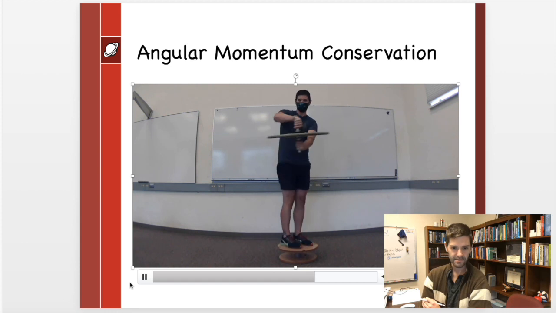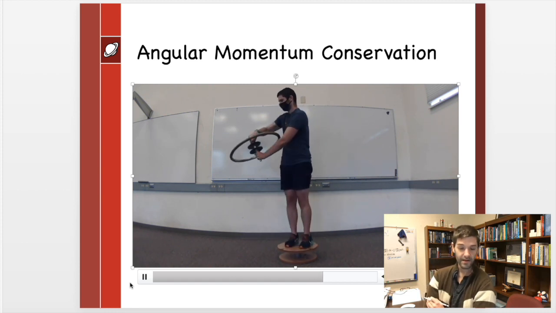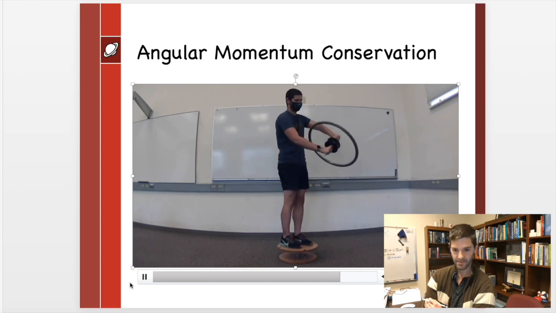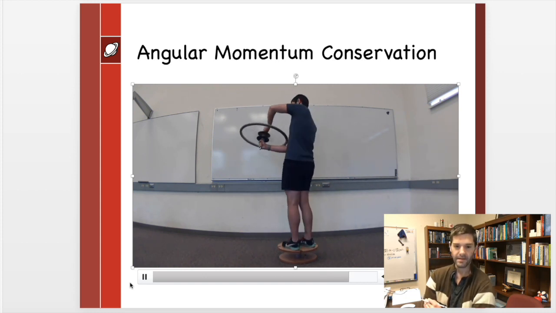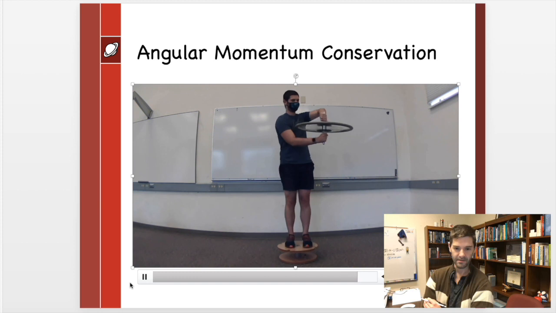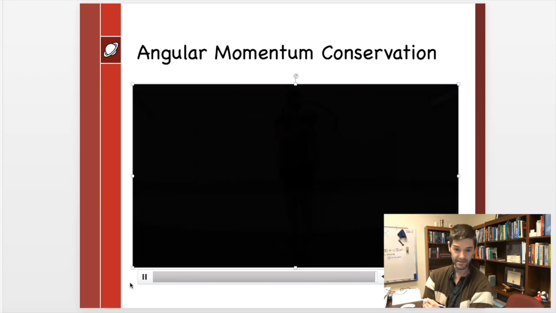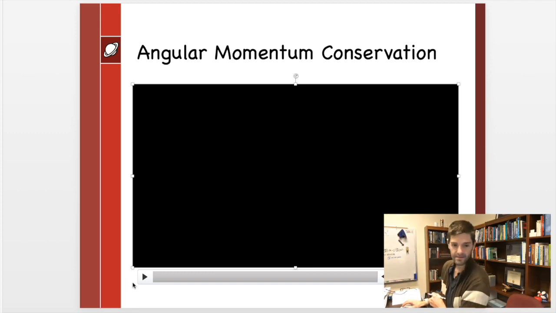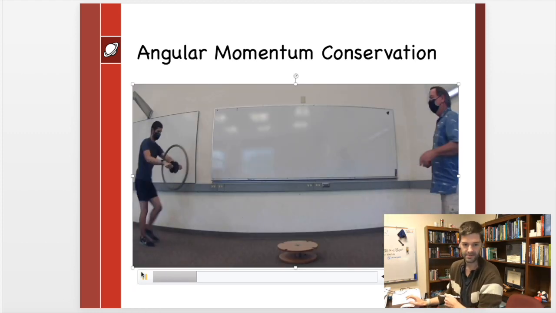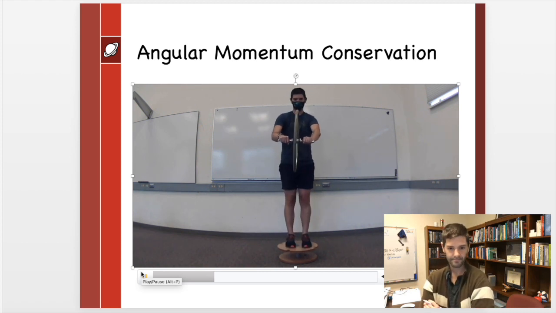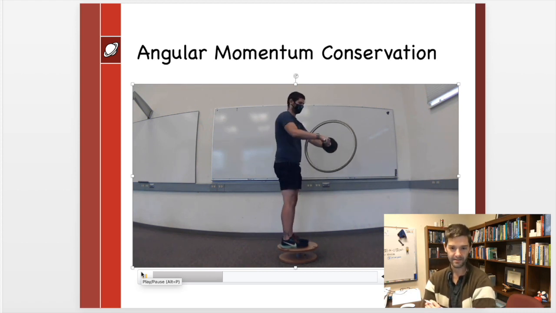As a result, I'm trying to change the angular momentum of the system, but because angular momentum is conserved, by me changing the angular momentum of the wheel, my own angular momentum changes to compensate, such that the total angular momentum of me plus the wheel always remains exactly the same.